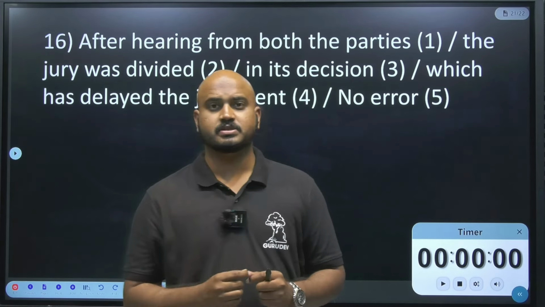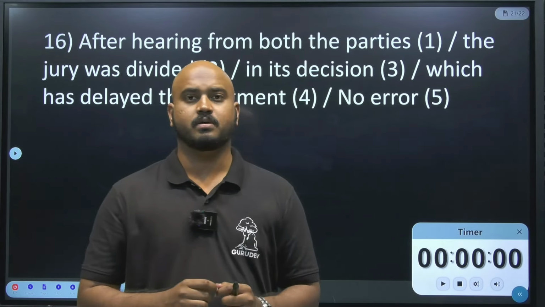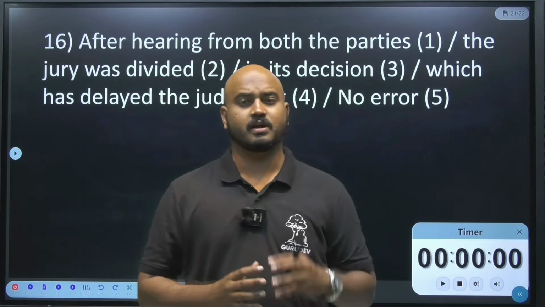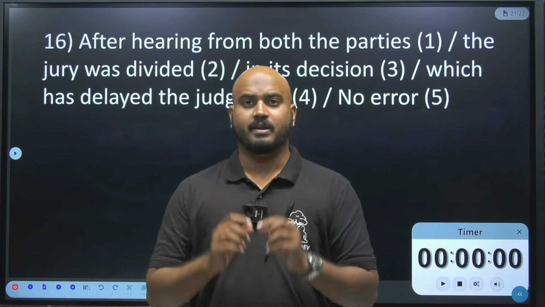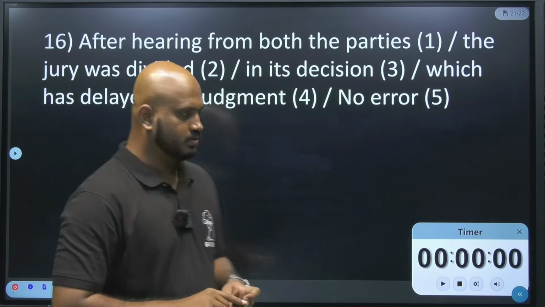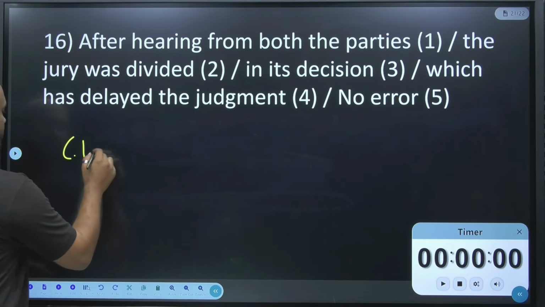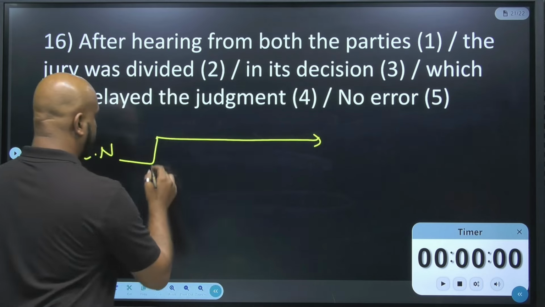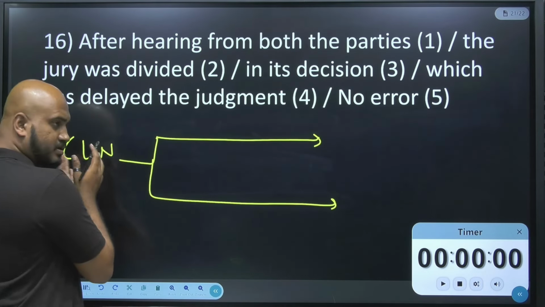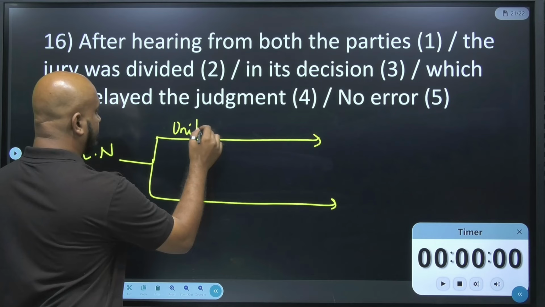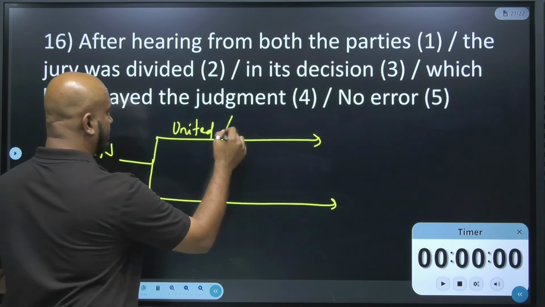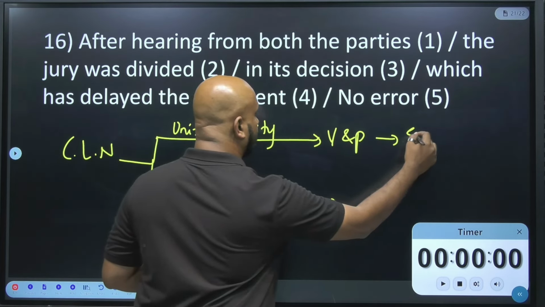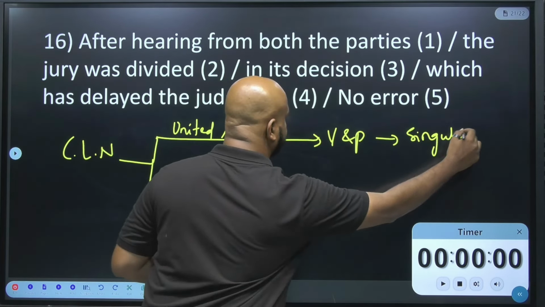Now the question is, what kind of verb do these collective nouns take? Do they take a singular verb or a plural verb? Well, it purely depends on this particular rule. What does the rule say? If you come across any collective noun, my dear friends, you'll have to check whether the action of this collective noun is united, or displaying unity, then my verb and pronoun are going to be singular.